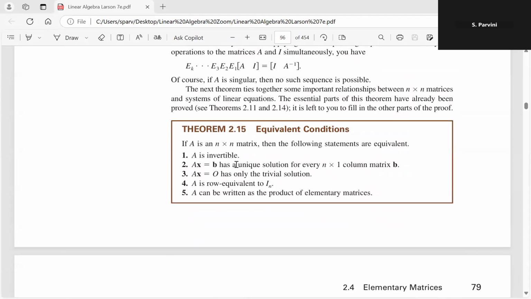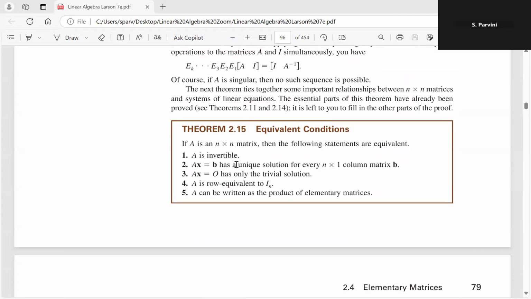This theorem actually has about 20 parts. You're looking at 5 parts for now. By the time we get through this course, you will see all 20 parts of this theorem.